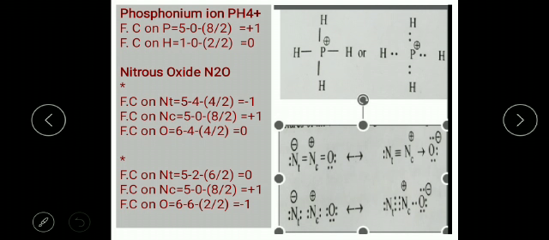So here on oxygen, it creates a formal charge 0, which is the most electronegative. So this compound is more stable, because the most electronegative atoms should have the minimum charge.